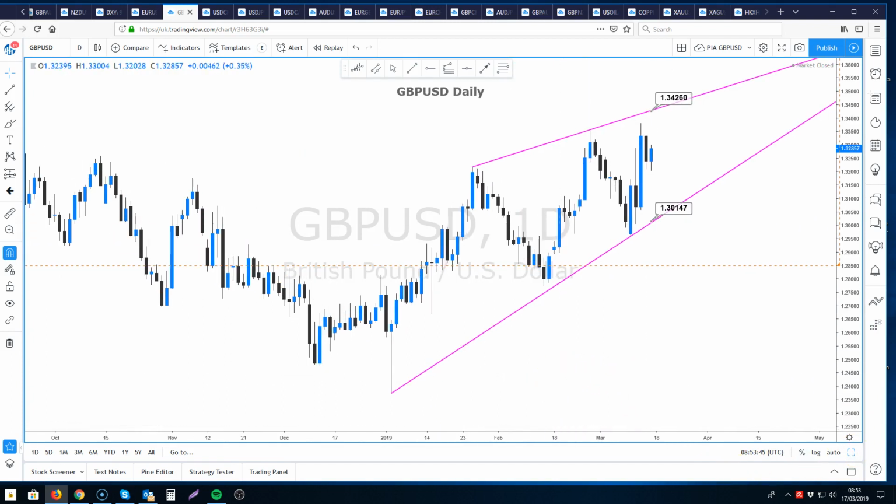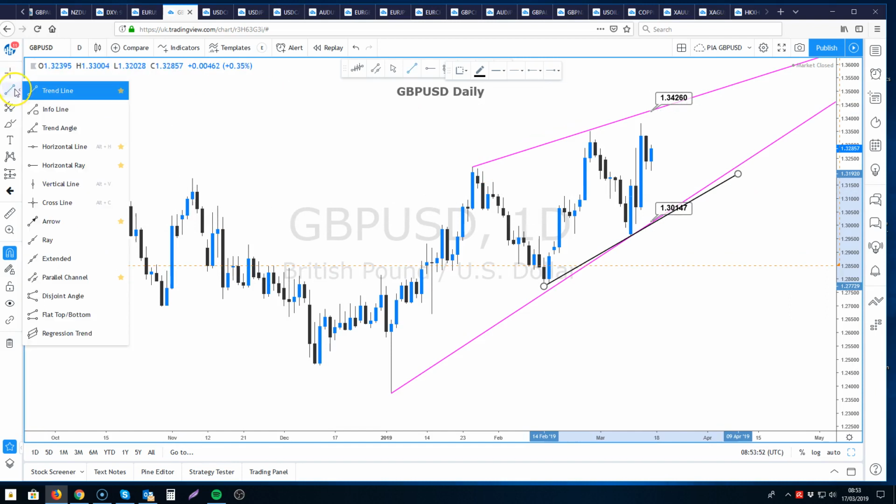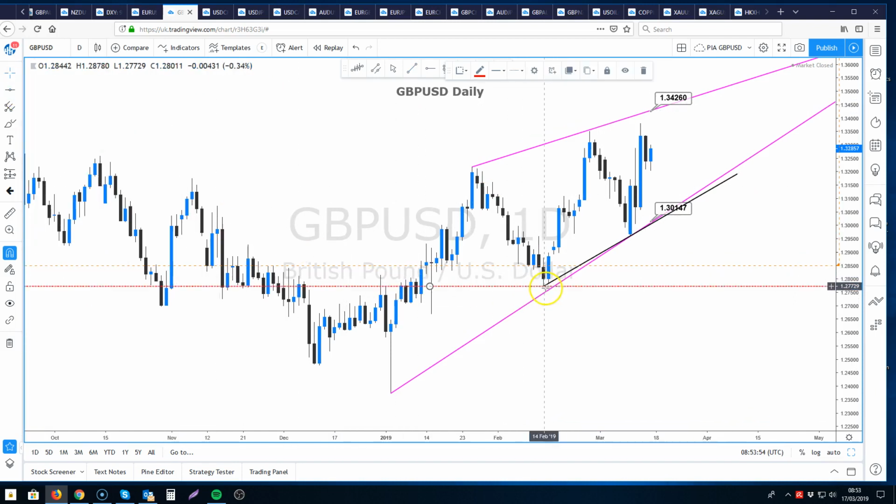Now we could take the trend line from here. It still makes it a bearish formation, but the only difference is where your target levels are for a breakout.